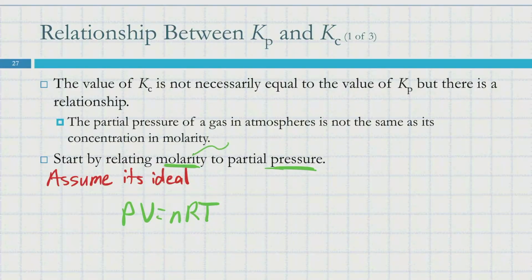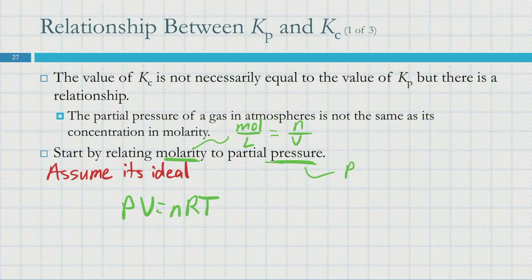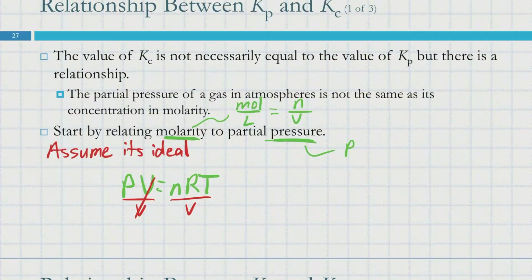Our molarity, moles over liters, our symbols would be n over V. And our partial pressure just being P for pressure. So we want to relate n over V and P. We can do that by rearranging.